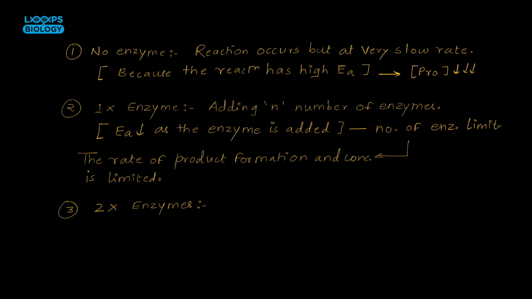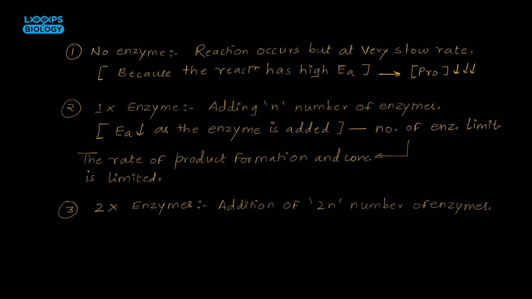Whenever I'm adding more enzyme in the system, there is addition of 2n enzymes. So in this particular case, you are going to see the activation energy is reduced, but as same as your condition 2.